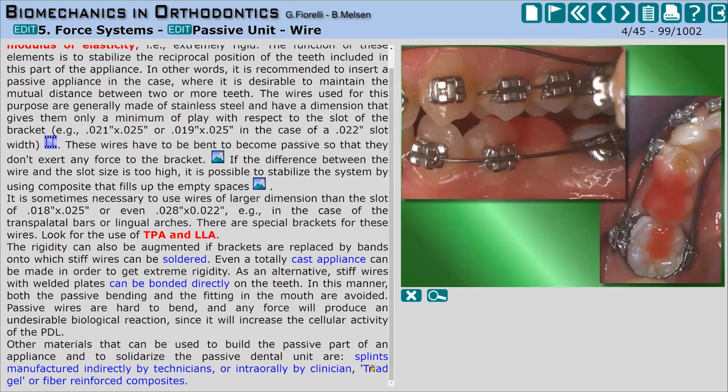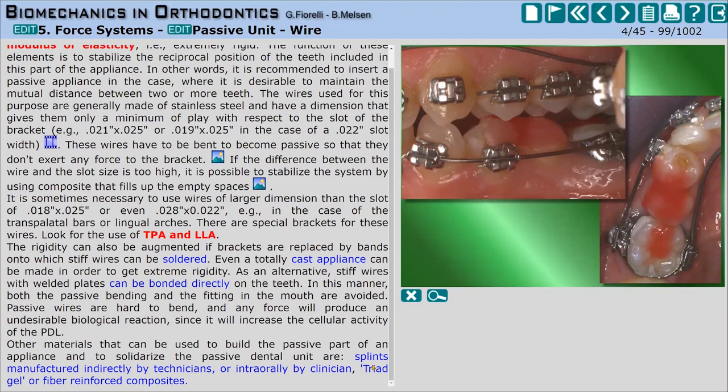Nowadays, I'm doing a lot of Tri-Gel, and when I place a layer of Tri-Gel like this here, I can connect several teeth, and these teeth are immediately rigidly consolidated.